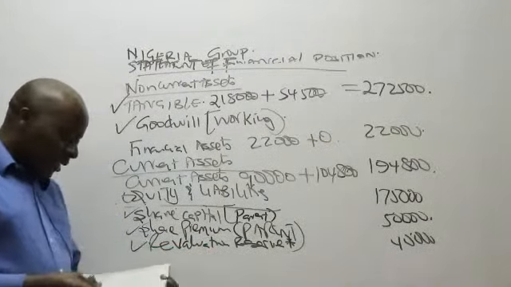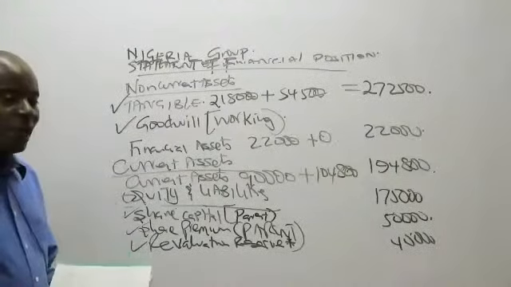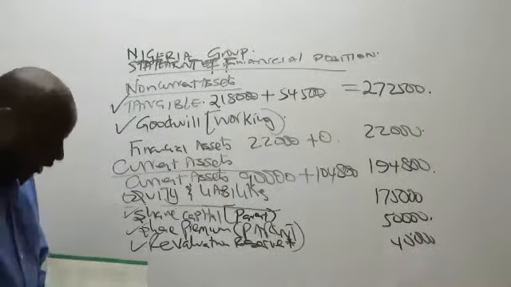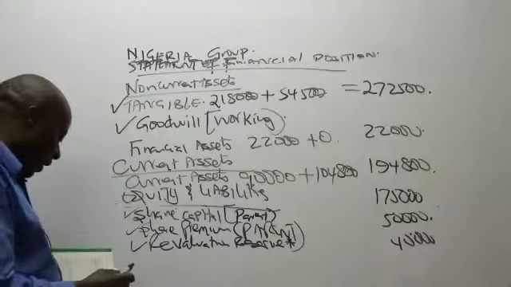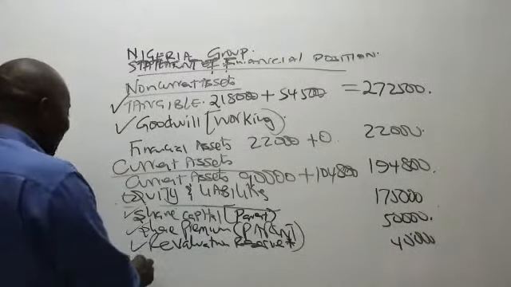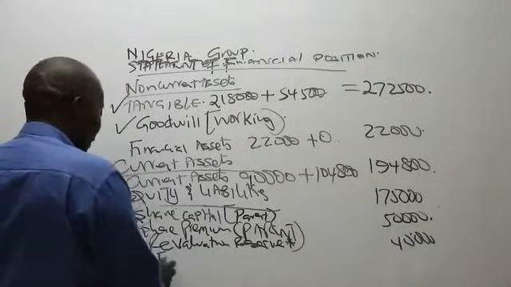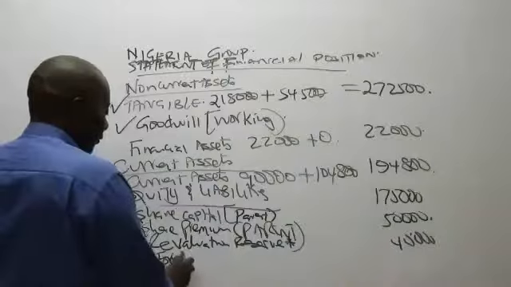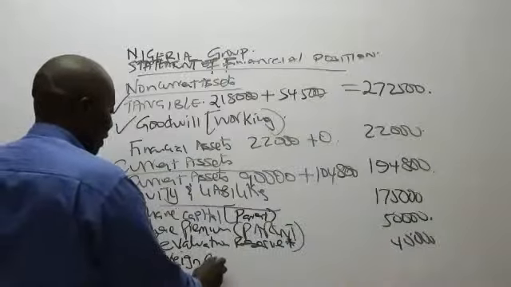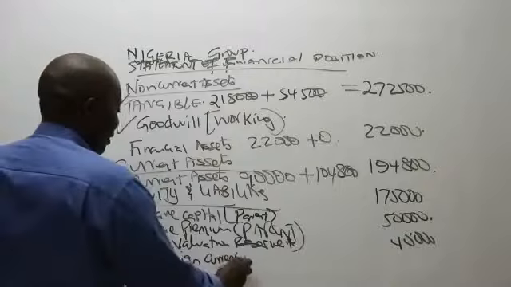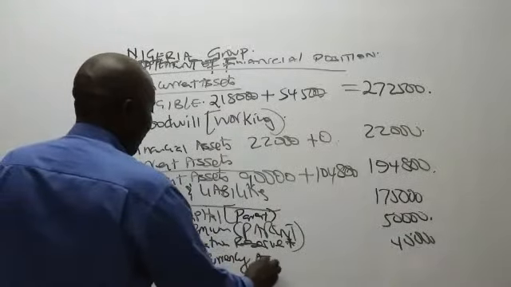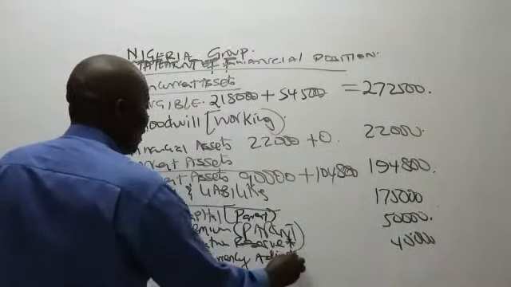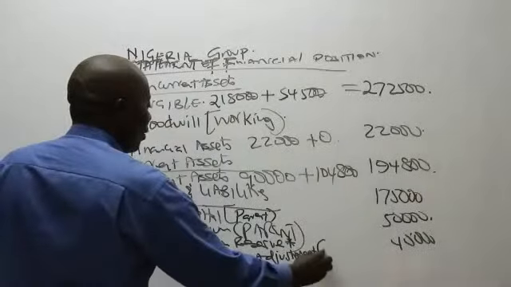From there, ladies and gentlemen, the next thing will be a very important working before NCI, what we call the foreign currency adjustment. Very important because of the translation. This is a very important working, which I'll not do.